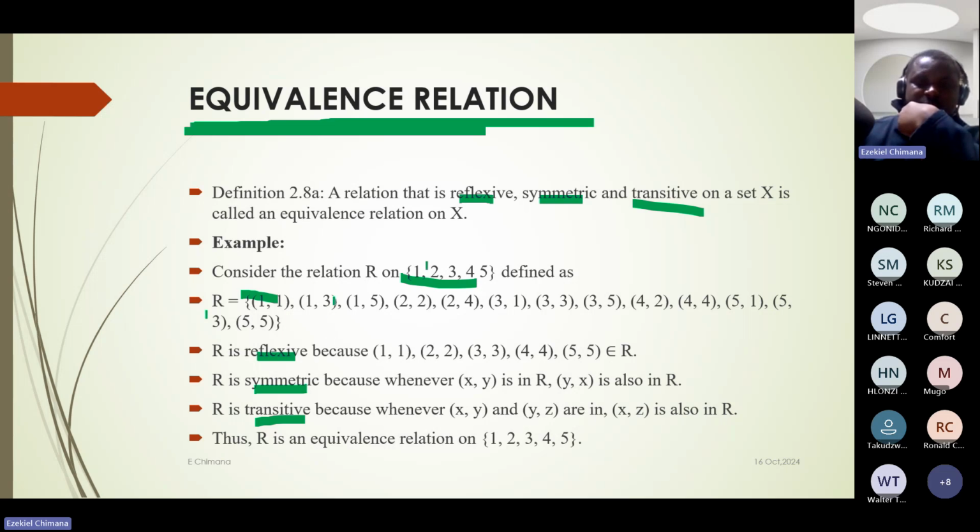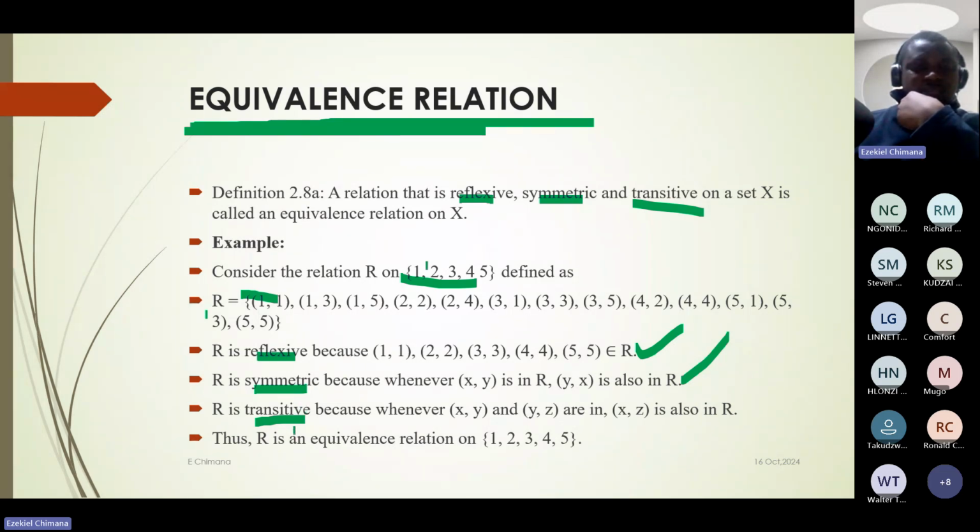Whenever you have a 1, 3, you must have a 3, 1. Whenever you have a 1, 5, you must have a 5, 1. Whenever you have a 2, 4, you must have a 4, 2. And 3, 1, you must have 1, 3. So you can conclude that R is symmetric because whenever X, Y is in R, then Y, X is also in R. That's how you comment on the assignment question asking whether it is an equivalence relation.